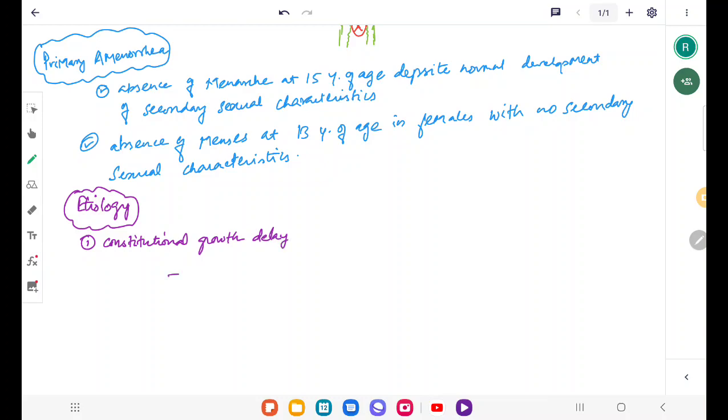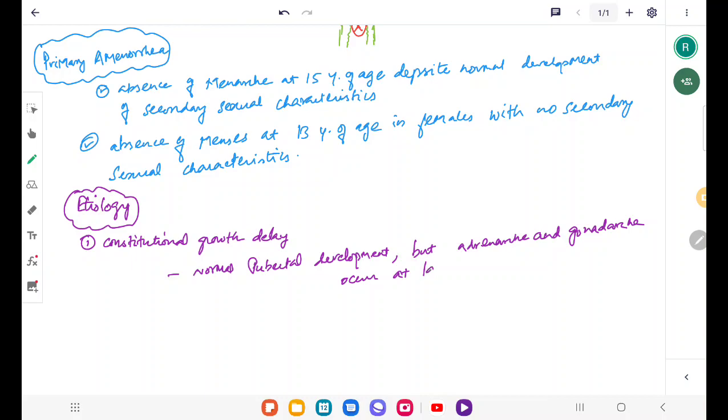In the sense, the female has normal pubertal development, but adrenarche and gonadarche will be developed at a later age. The pubertic development will be normal, but the growth of adrenal glands and gonads would be delayed.